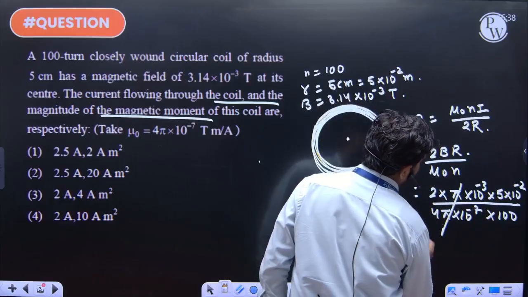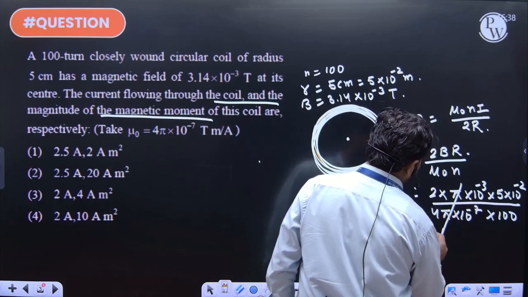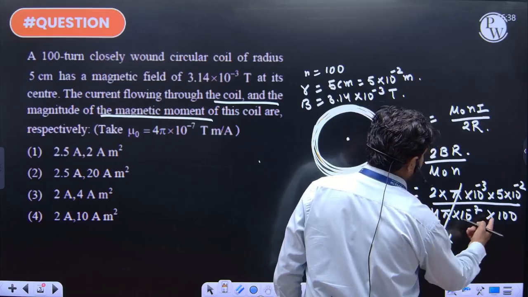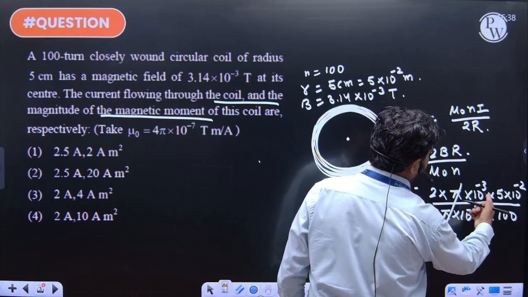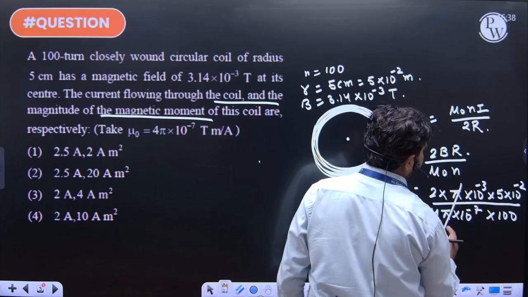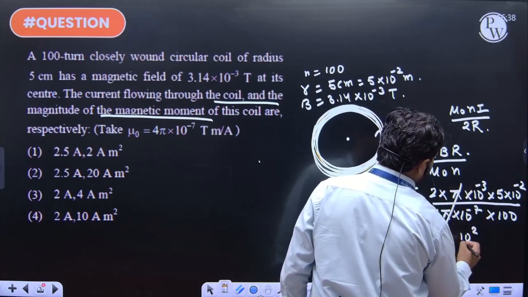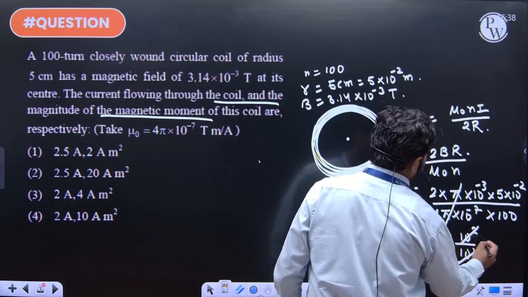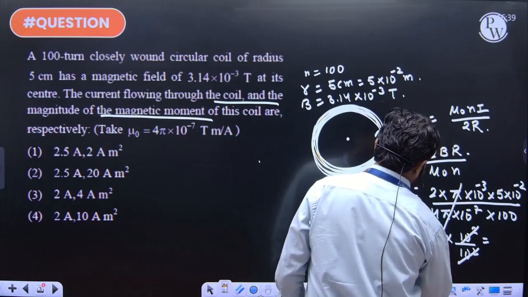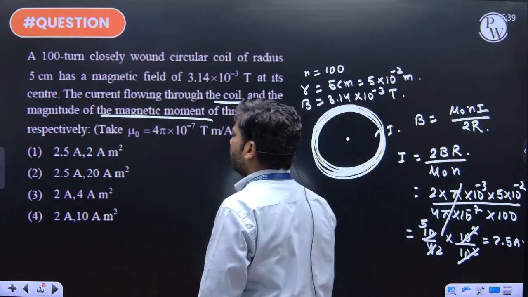The powers: minus 3, minus 2, minus 5, and here it is minus 7, so it is 10 to the power 2 divided by 10 to the power 2. So you are going to get 10 by 4, that is 2.5 ampere. Very easy.